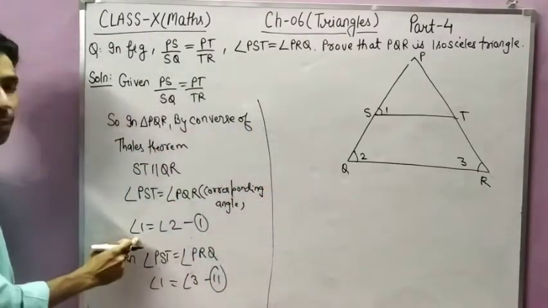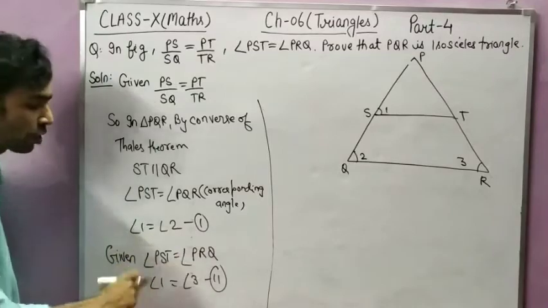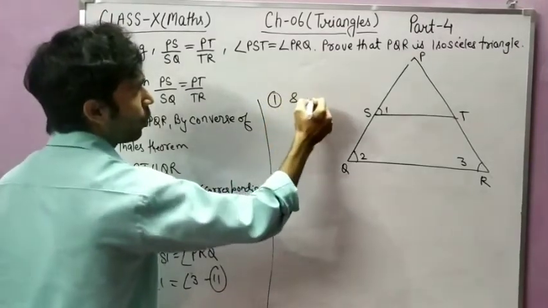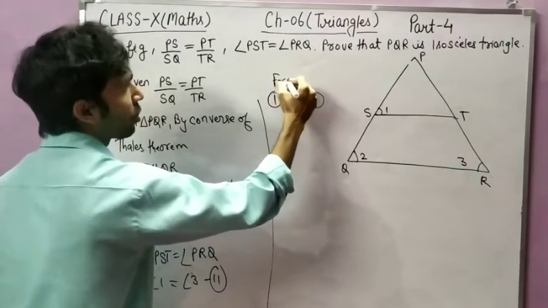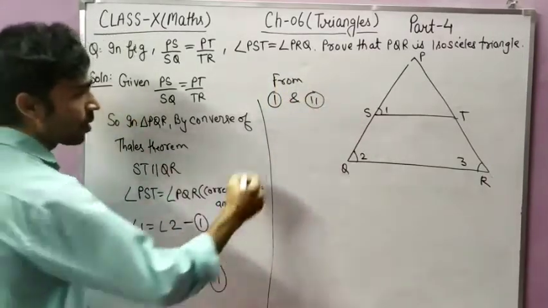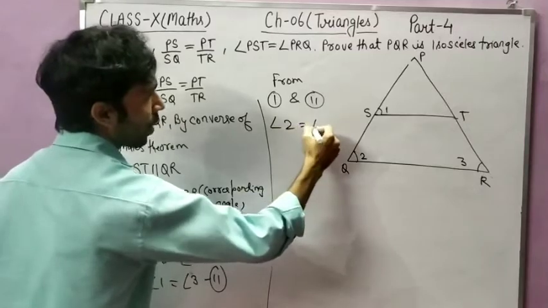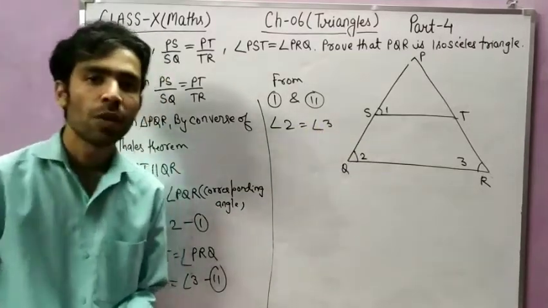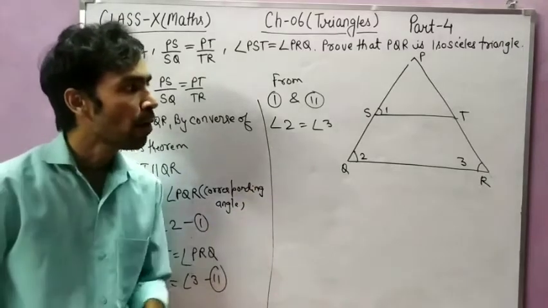Now equation number 1 is angle 1 equal to angle 2, equation number 2 is angle 1 equal to angle 3. So from equation 1 and 2 I can write now angle 2 is equal to angle 3. What is the name of angle 2?